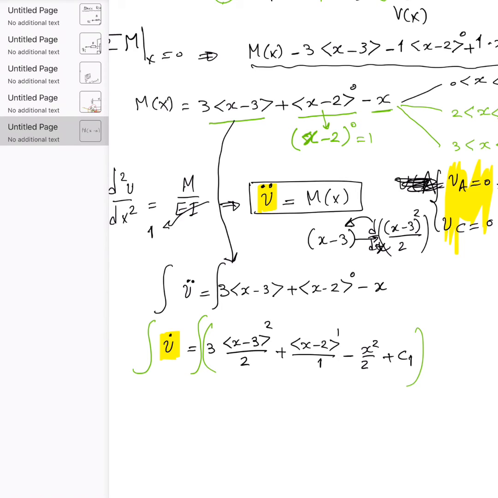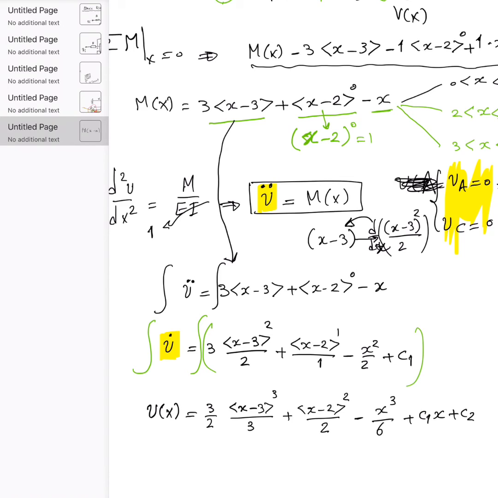Let's do that. For the left side, you get v, or simply v of x, is equal to, for the right side, you get 3 over 2, that's going to be (x − 3) to the 3 over 3, plus (x − 2) over 2 minus x³ over 6 plus C1 times x plus C2.